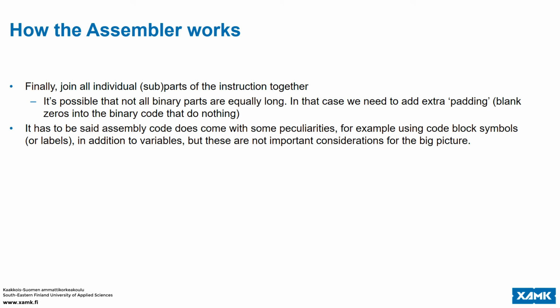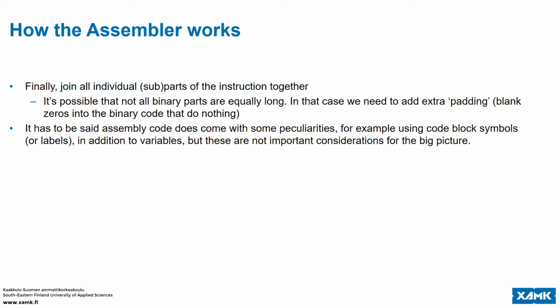And the last step in the process is to join all these individual parts of this instruction together. Once we have figured out the binary equivalents of the individual parts, we join these together. It's possible that not all binary parts are equally long. In that case, we need to add some extra padding, so blank zeros into the binary code that do nothing, or something else.